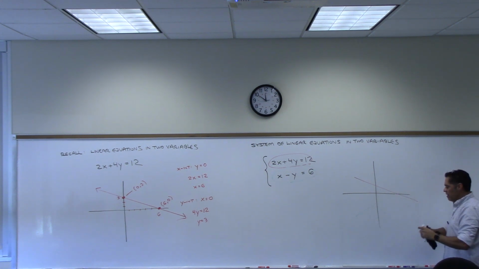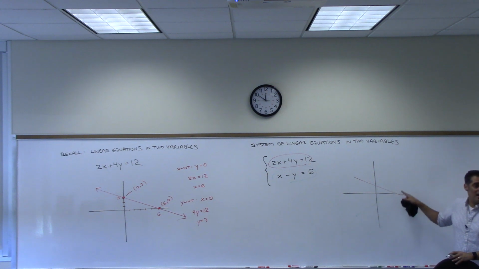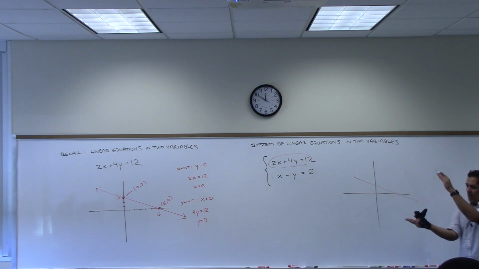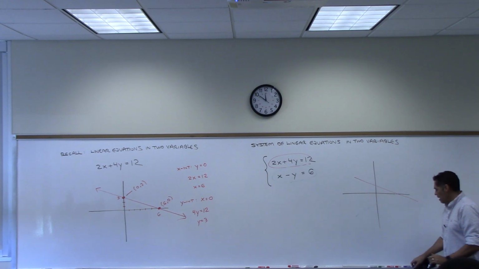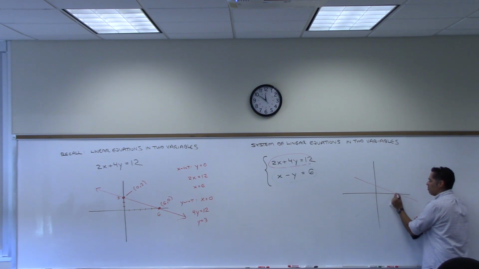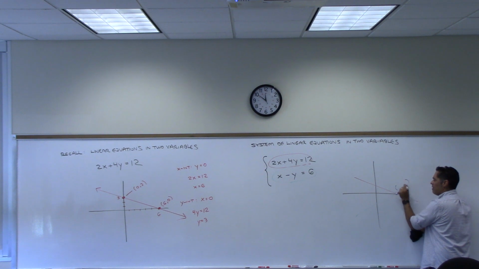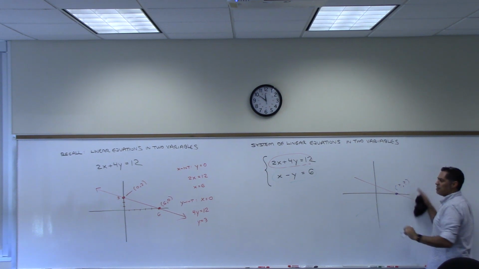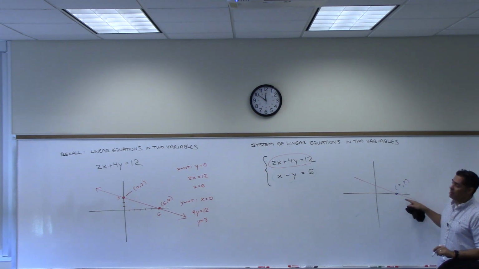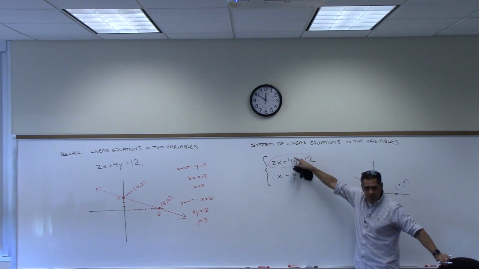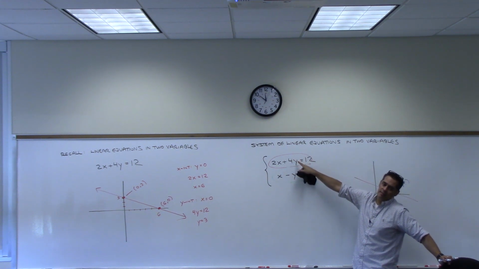And as long as these two lines are not parallel, these two lines should cross. And guess what? The point that they cross at, whatever that is, is a point on both lines, which means it is an x and a y that solves both of them simultaneously. Right?